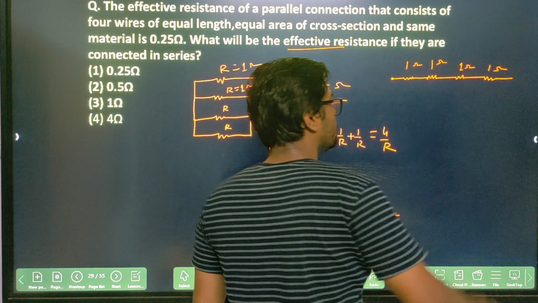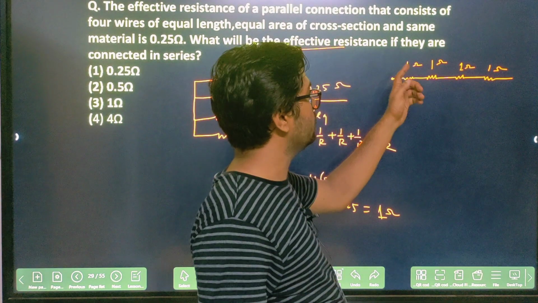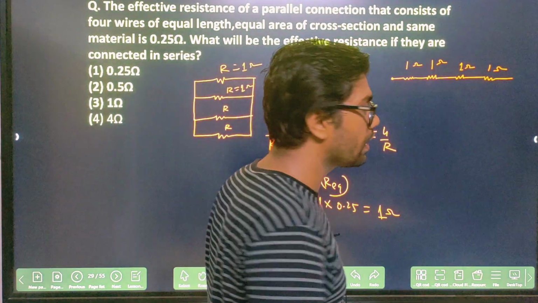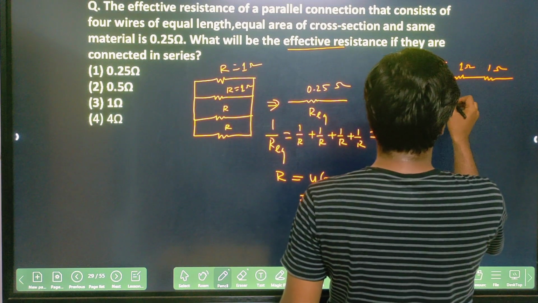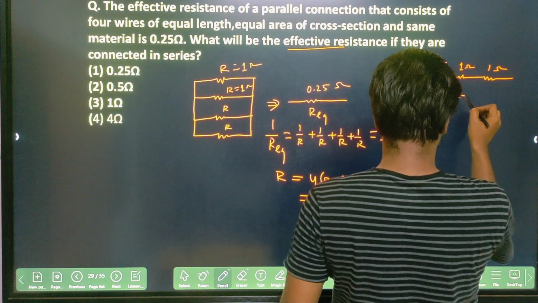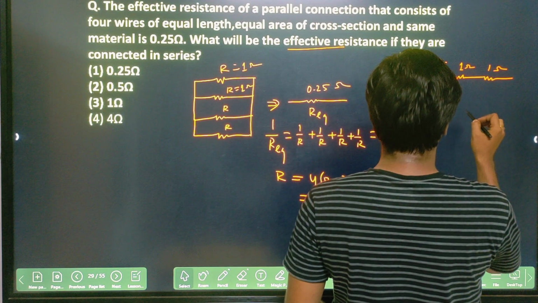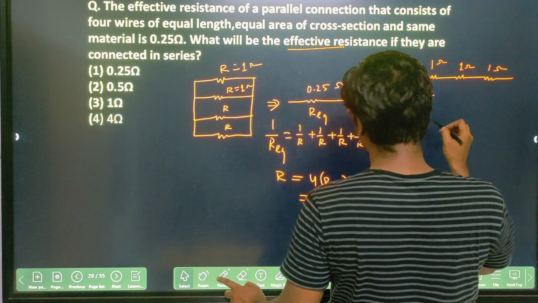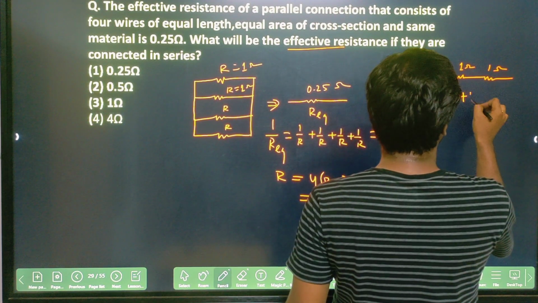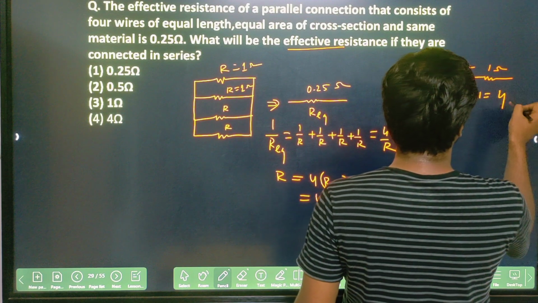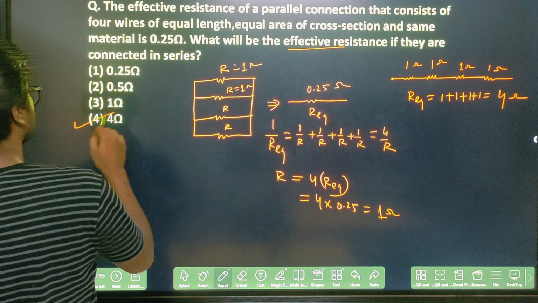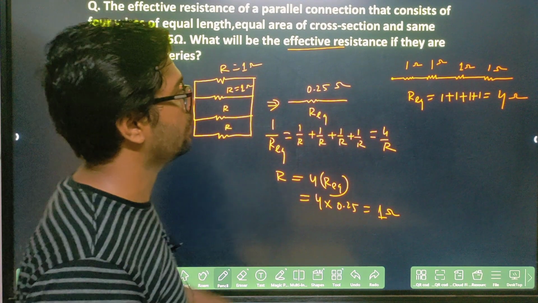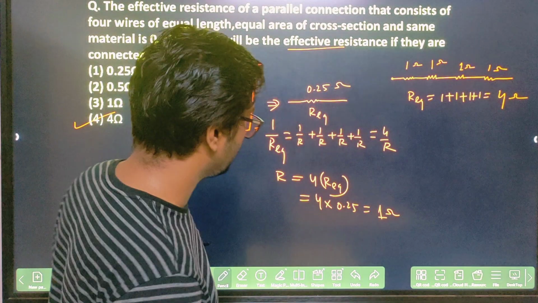If you connect in series, you know the equivalent resistance will be R1 plus R2 plus R3, so 1 plus 1 plus 1 plus 1. This will be 4 ohm. Clear? So option 4 will be correct.